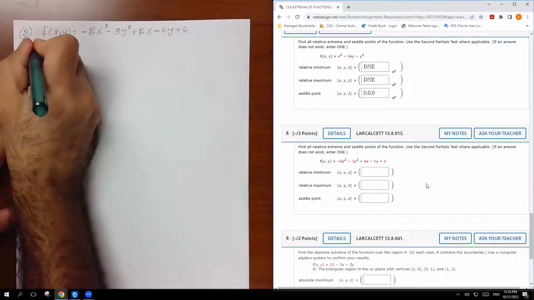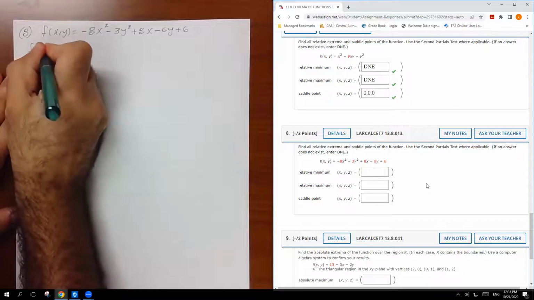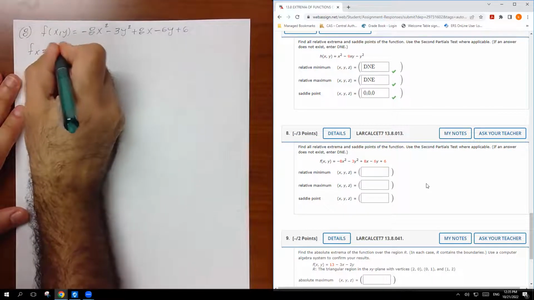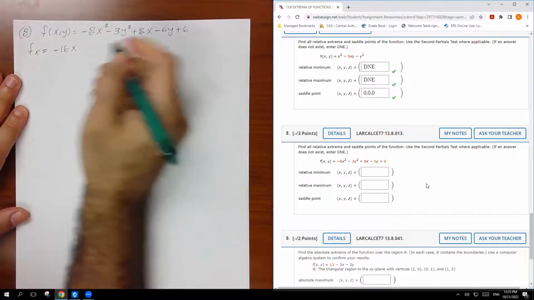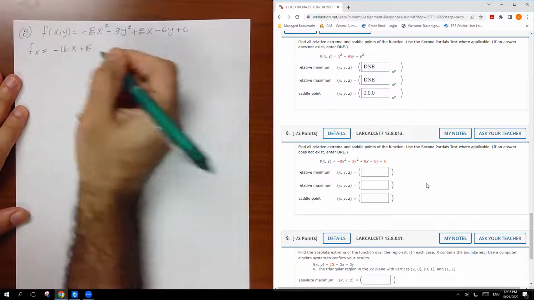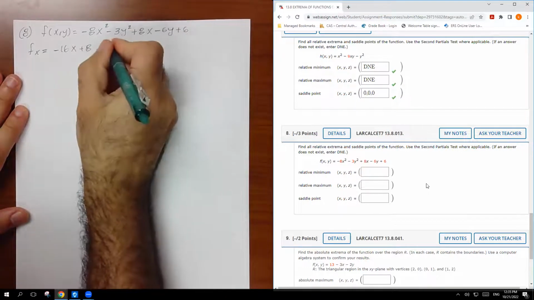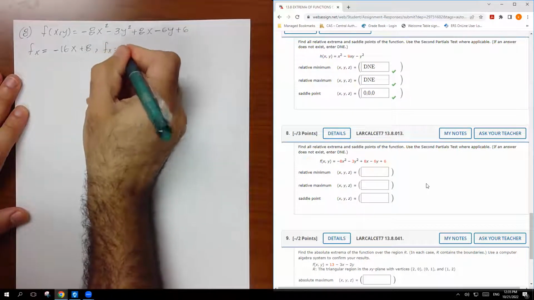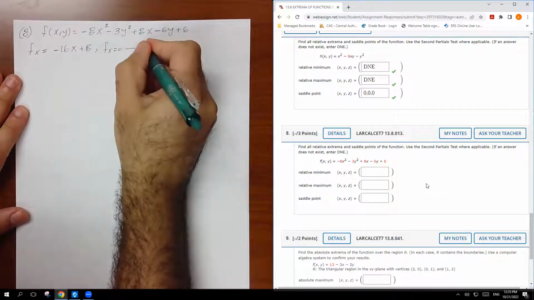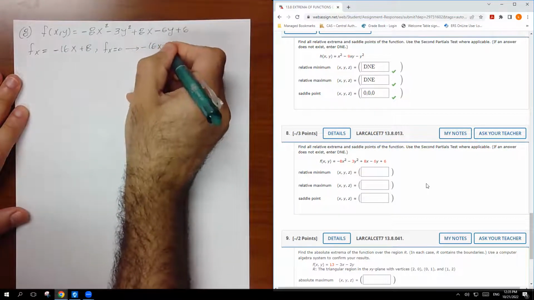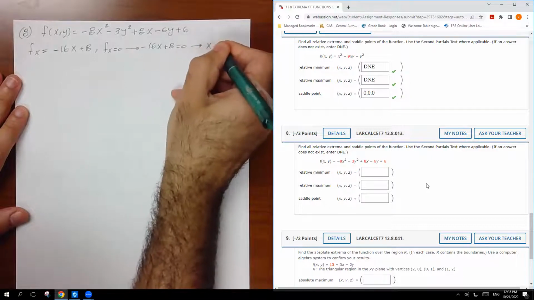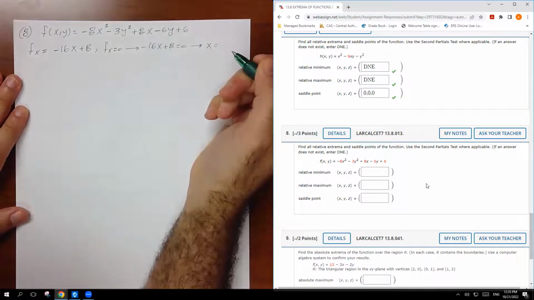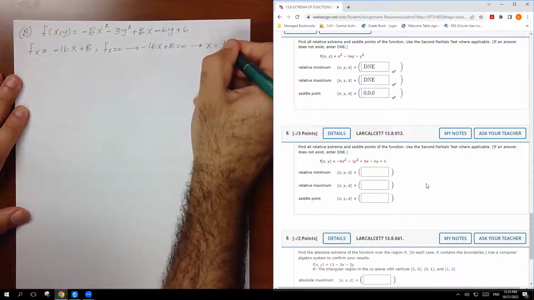So find f sub x, which is equal to -16x plus 8, and the other terms are 0. And f sub x equals 0. That means -16x plus 8 equals 0. In this case, x equals -8 divided by -16, which is equal to 1/2.